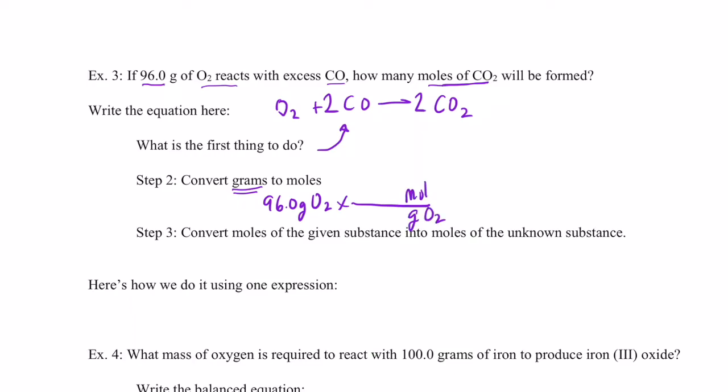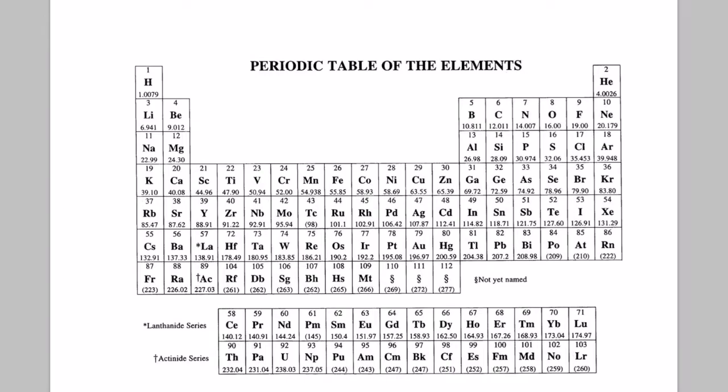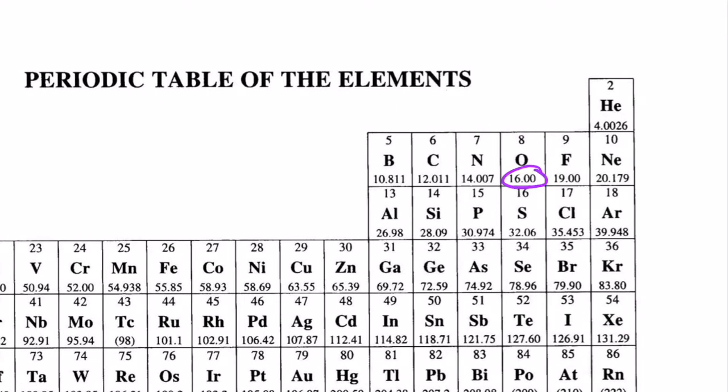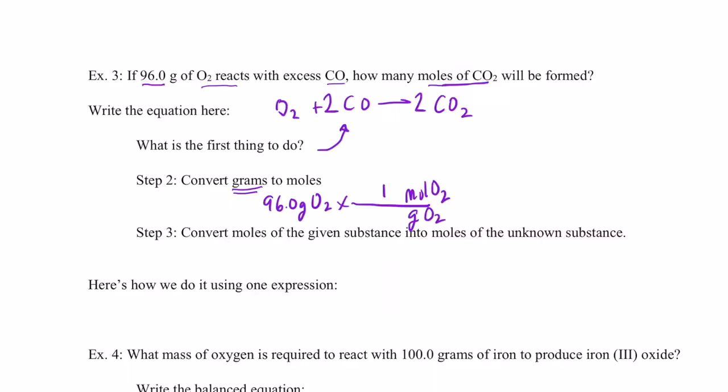Remember, we want to get into moles of O2 so we can find the mole ratio by using the balanced equation. So 1 mole of O2, let's see, this is old school, we've done this a long time ago. Oxygen has an atomic mass of 16 and it's O2, right? So we have 32.00 grams per mole. So 96.0 divided by 32.00 gives us 3.00 moles of O2.